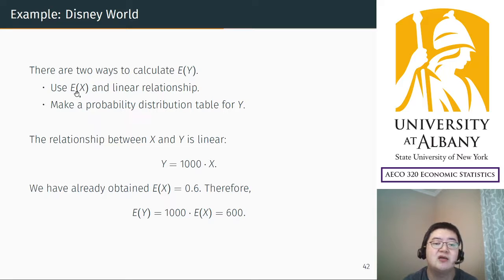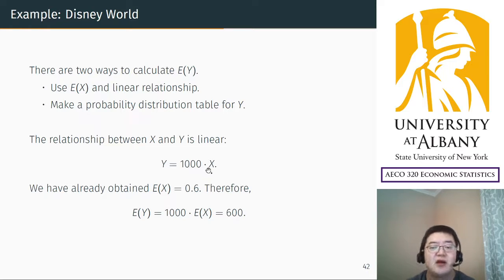We calculated the expected number of trips and it was 0.6. And also we know for each trip the cost is $1,000. So the total spending is 1,000 times per trip times the number of trips. So it's simply 1,000 times x.